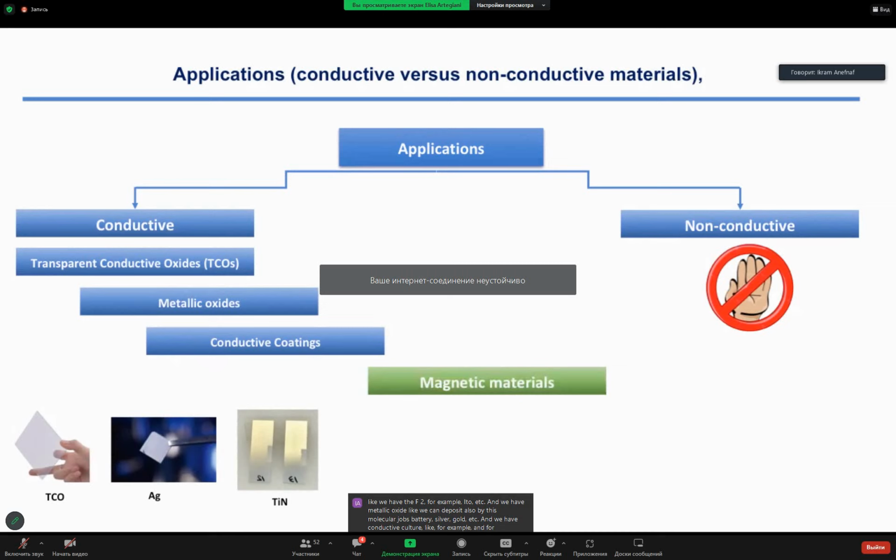Non-conductive materials cannot be deposited by DC magnetron sputtering, since the non-conductive material on the substrate prevents the electron flow through the anode, which is the target.